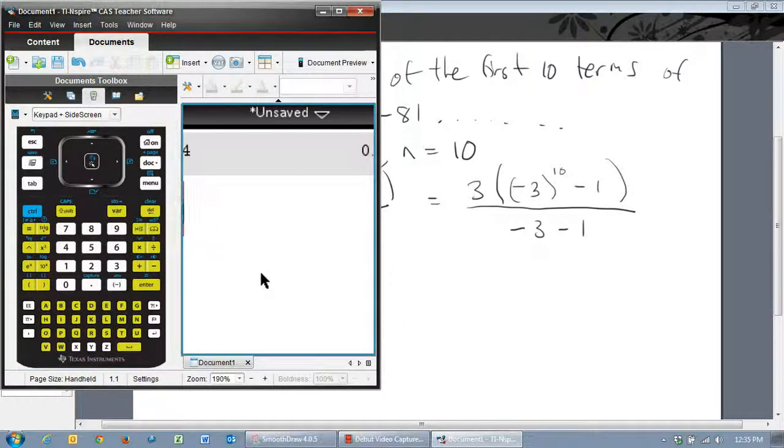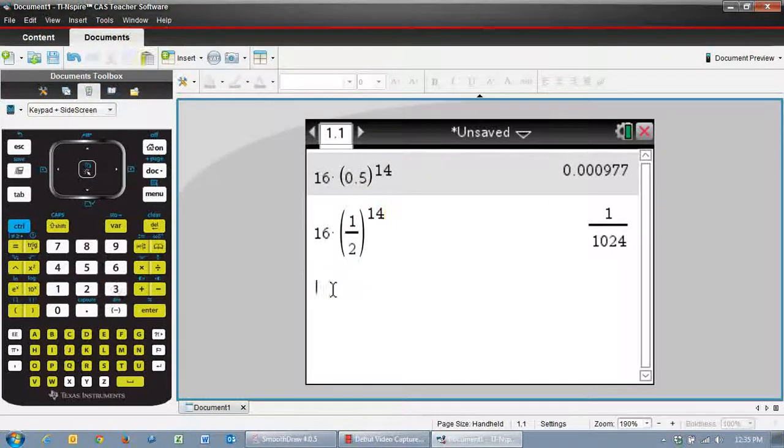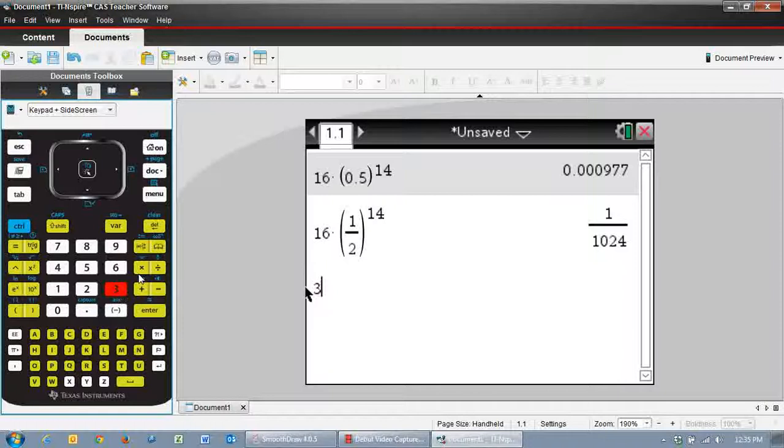So what have we got? 3, bracket, negative 3 to the power 10, minus 1, all over 3 times negative 3 minus 1, which is negative 4.